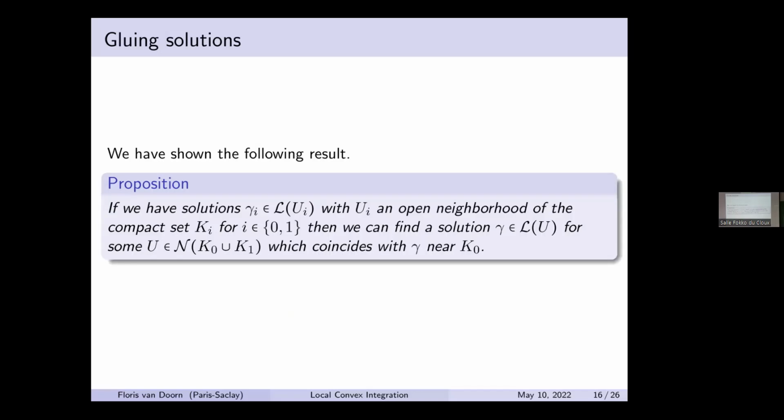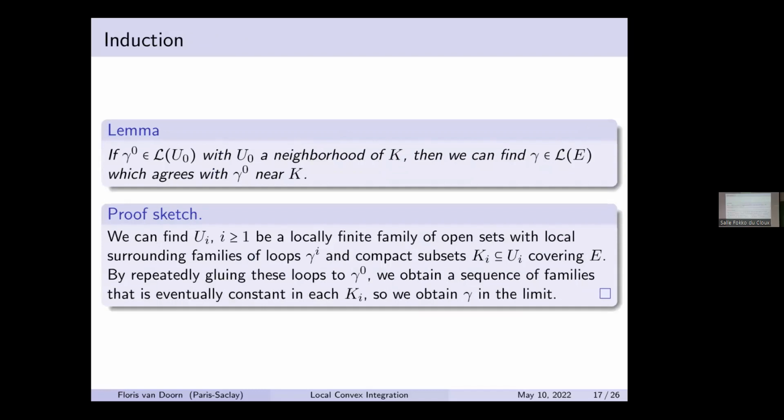Also important is that near K0 it is exactly the same as gamma 0. And so this is gluing two of these loops together, and now we can iterate this.